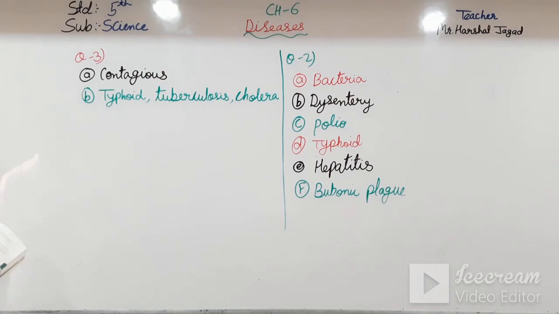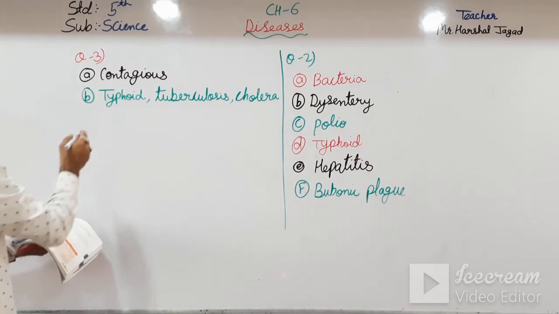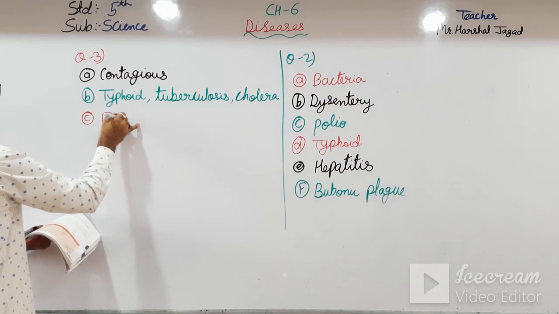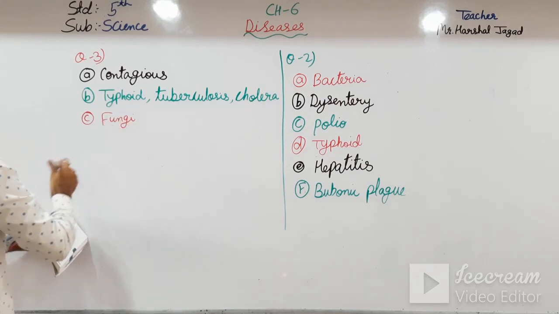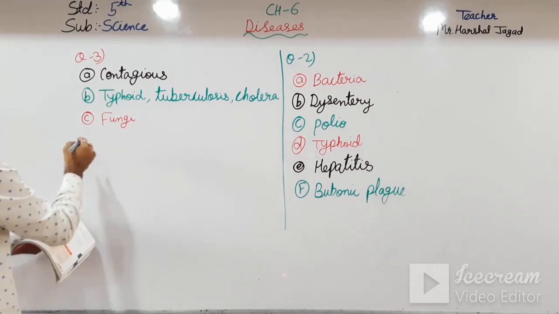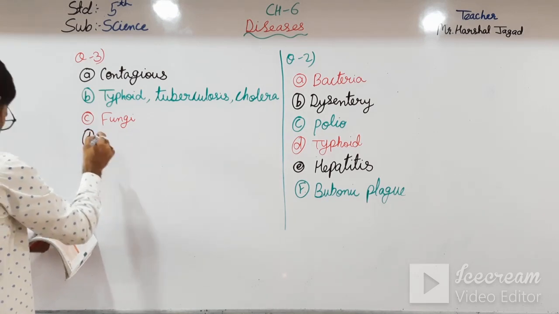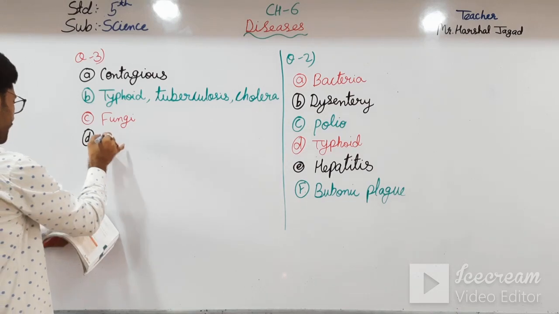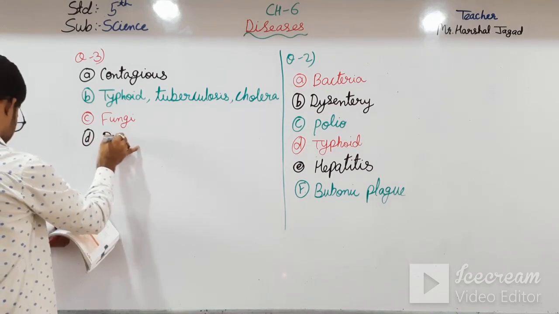So these are the three. Another, skin diseases are usually caused by dash. So in that C, it will be fungi. And then comes D. Tuberculosis is a dash disease, that is bacterial disease.